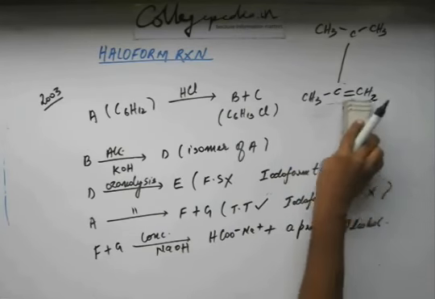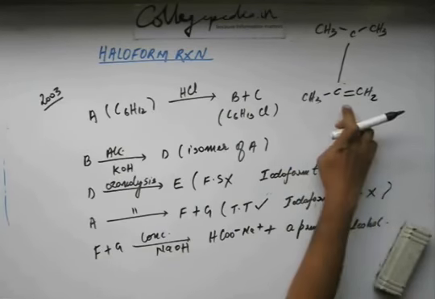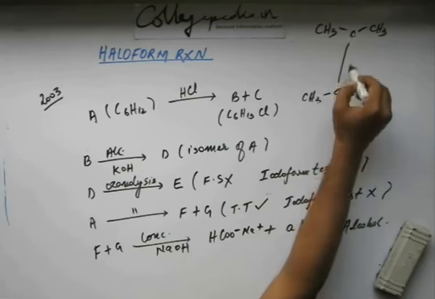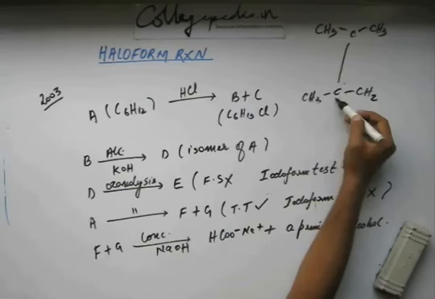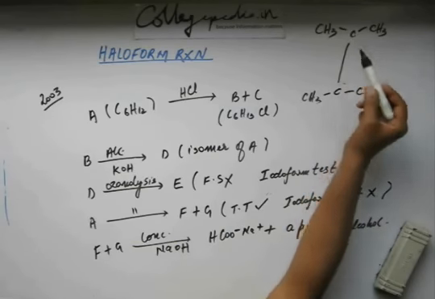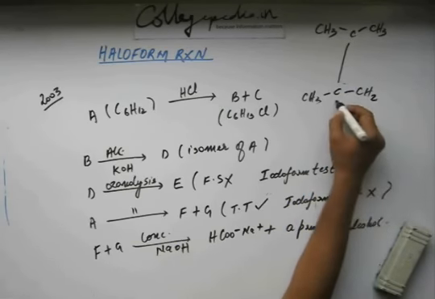This is not the desired alkene. We want the position of the alkene to be here. If so, then the chlorine has to be either on this carbon or on this carbon. So it's symmetrical. Let's take it on any carbon.